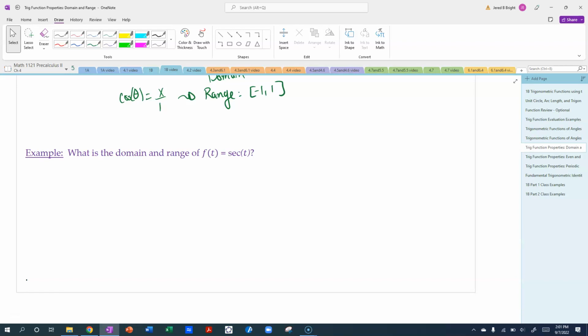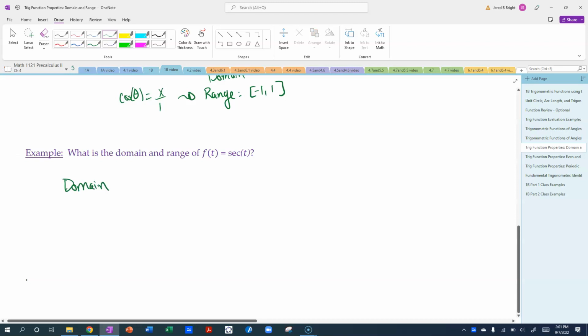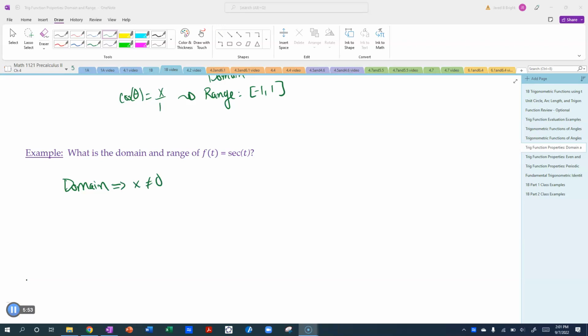So for the domain, we know that x cannot be 0. All right, that's fine, but that x actually has no bearing on this because remember that our input is t, right? So I'm trying to figure out where, or maybe if this is instead like a function of theta, right?